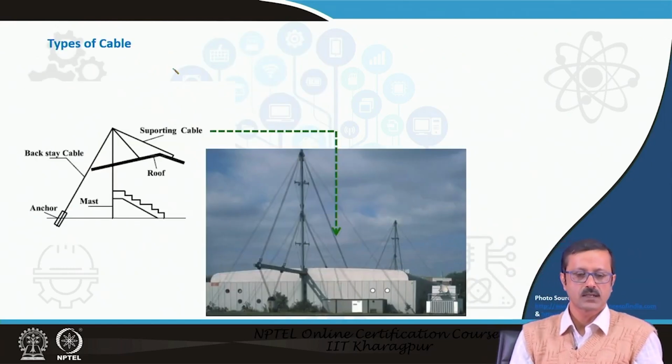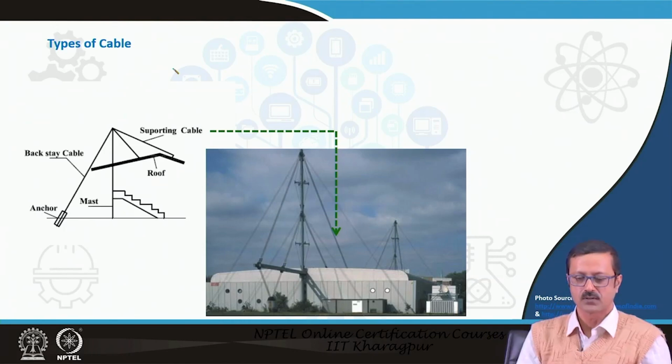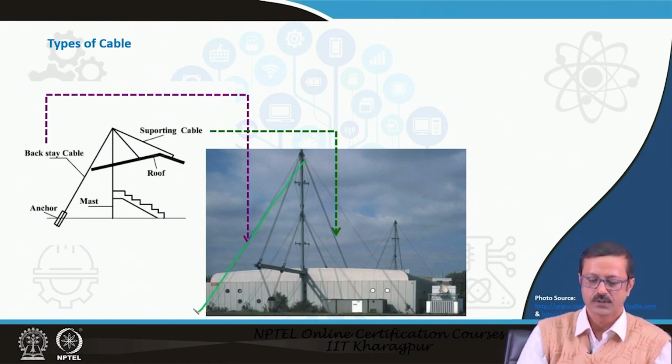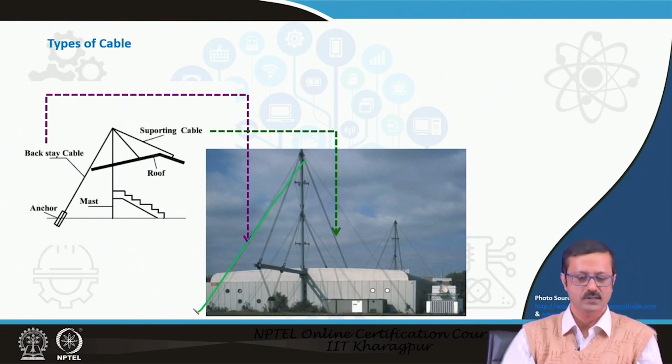So, this is one of the figures from industry. You see how the particular roof is supported by the supporting cables, and then these are backstay cables, which take care of resolving or neutralizing the forces.